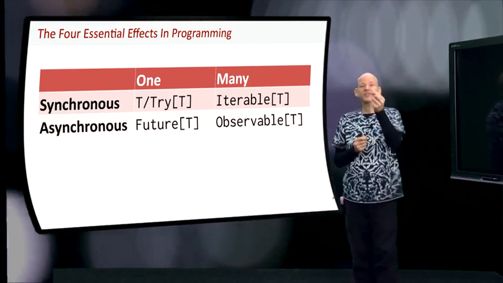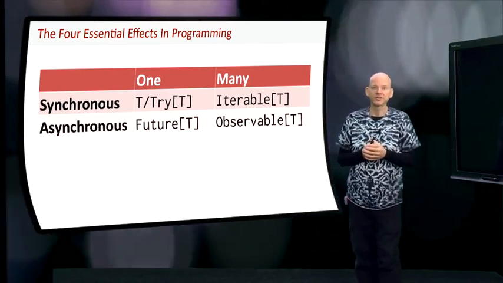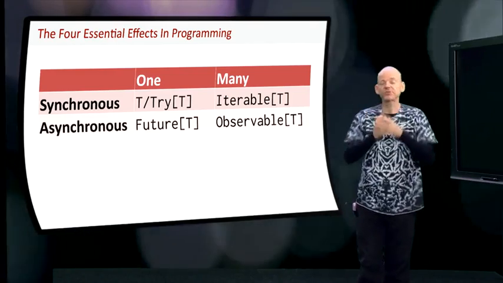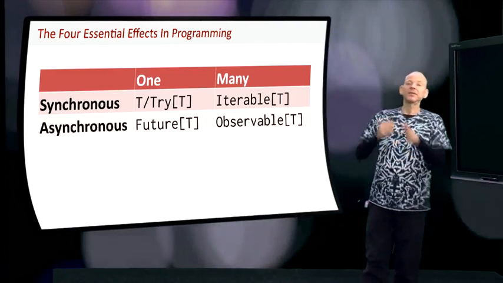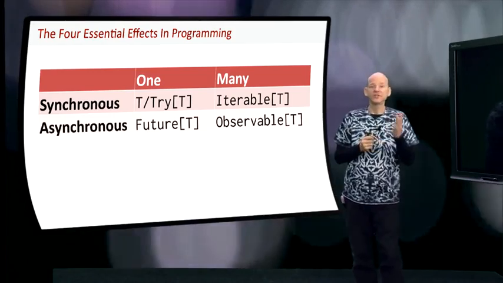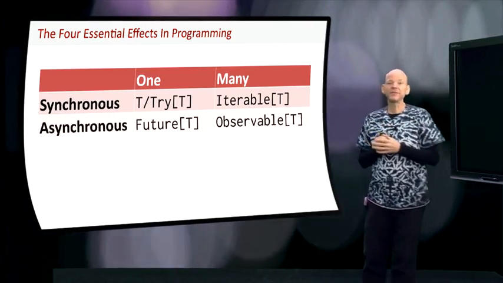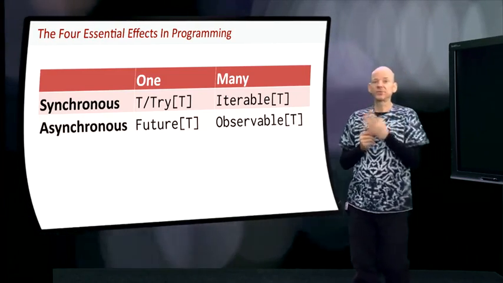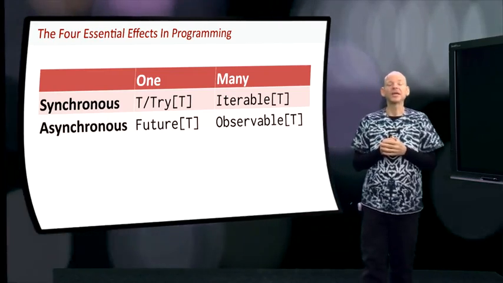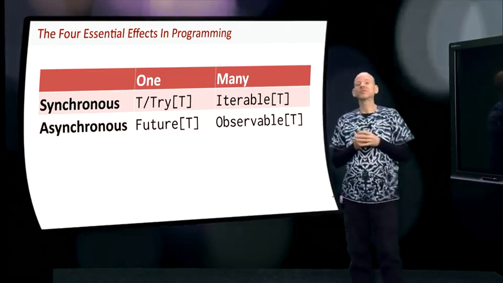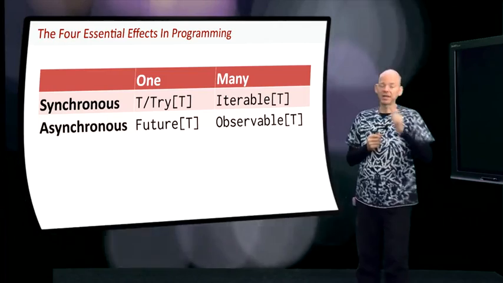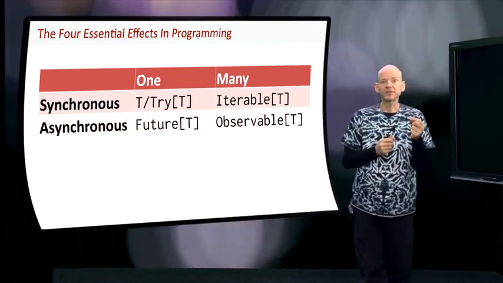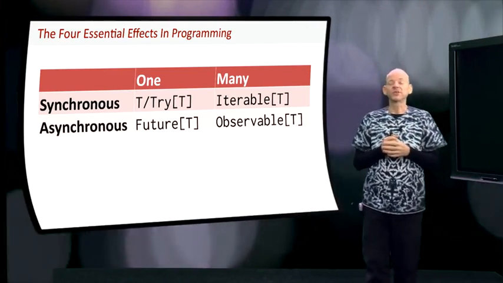Then we have asynchronous computations that return a single value, so that's the first column. And then we will move on to synchronous computations that return many values and asynchronous computations that return many values. But first we're going to focus on the leftmost quadrant there, synchronous computations that return one value.